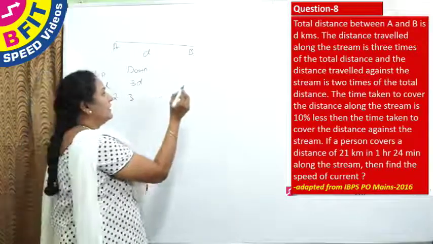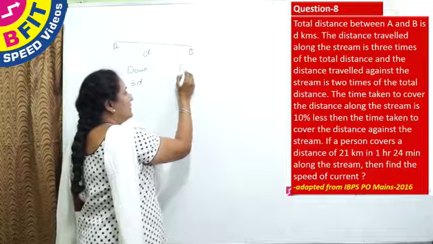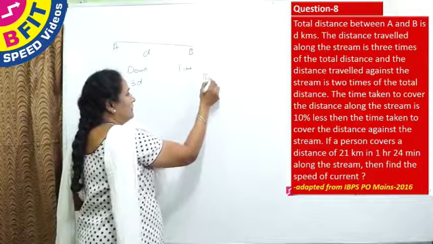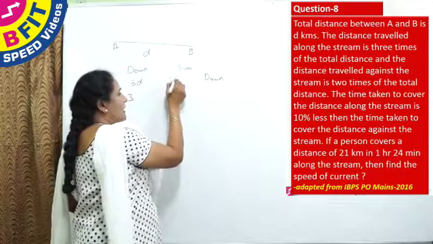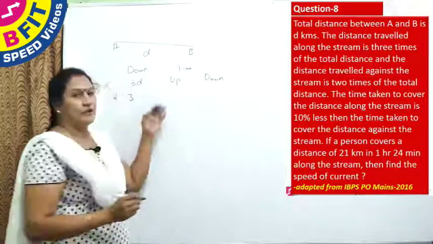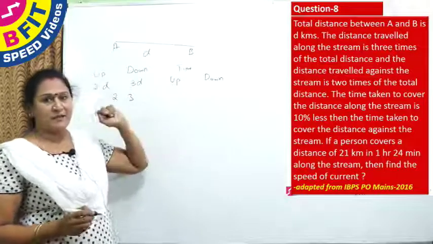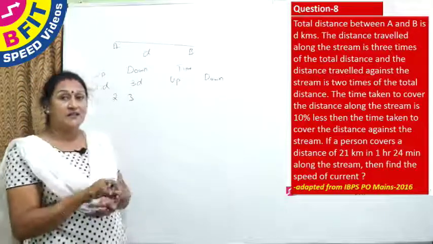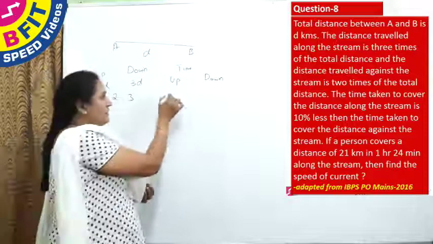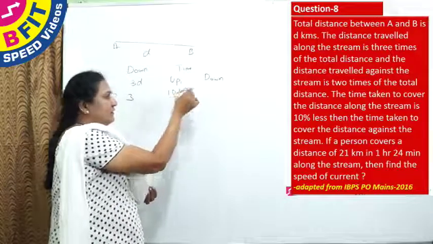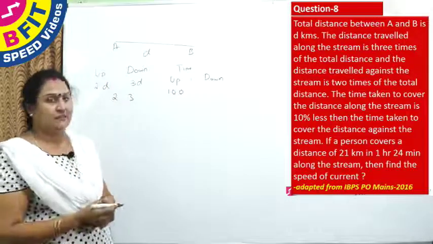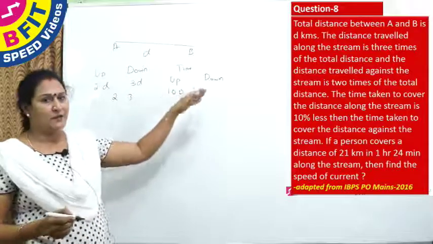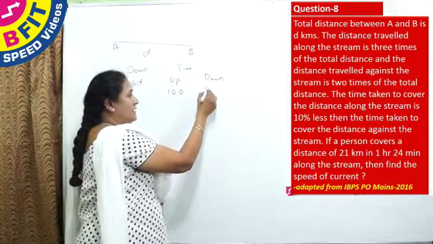And what is the detail for this time taken? For downstream, the time taken is 10% less than for upstream. If we take upstream as 100, downstream is 10% less, so we subtract 10 from 100, it is 90.